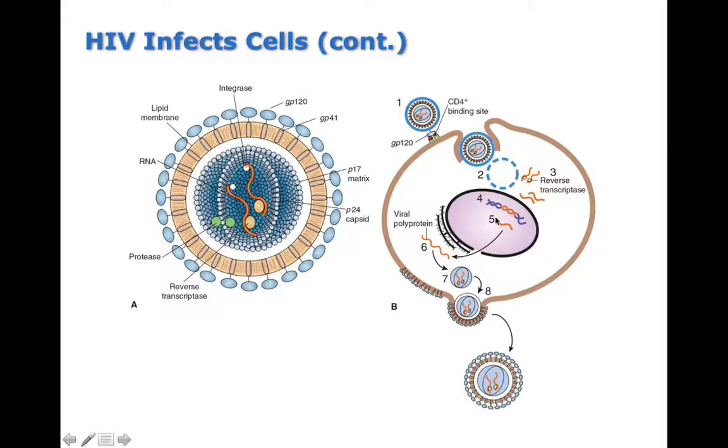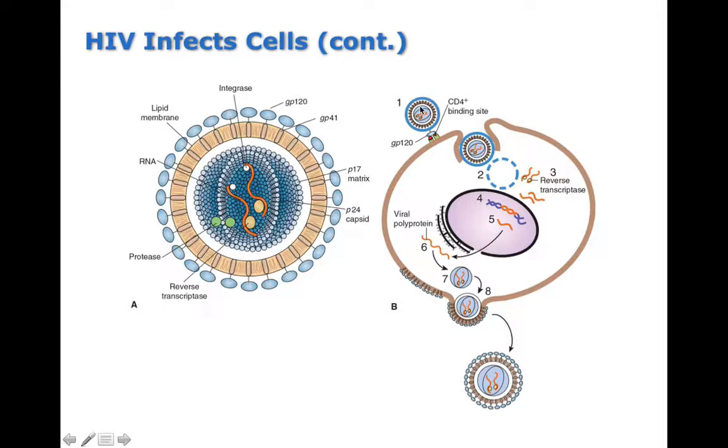Like this would be viral mRNA. And this mRNA is going to carry information about how to make HIV proteins. That's going to go to ribosomes, which make viral polyprotein, and then protease, which is one of the enzymes that HIV packages, can cut up this polyprotein into individual viral proteins that can get packaged into new virions, and those can bud out of the host cell.